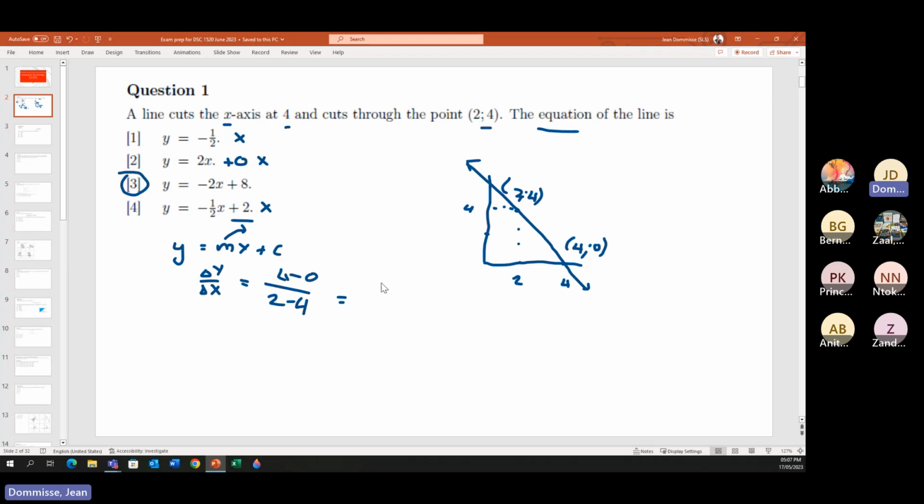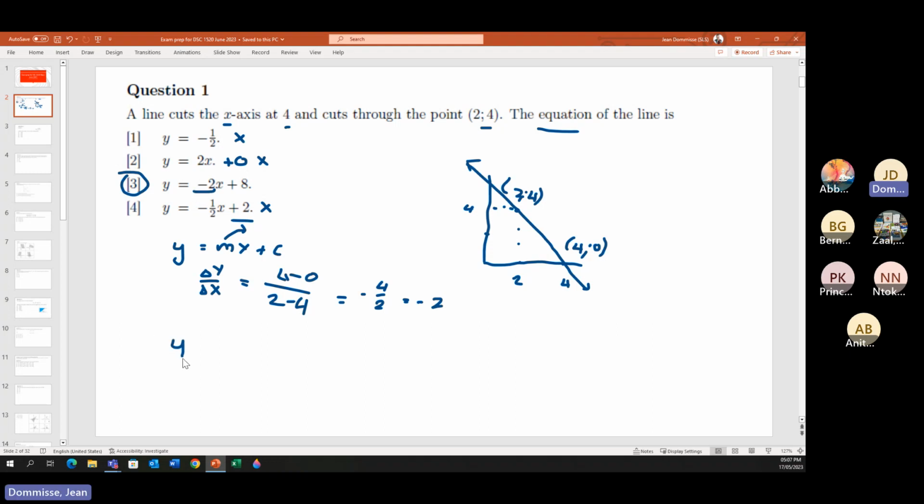So I have 4 over minus 2, which is minus 2. My slope is minus 2, which could have also given you that option.